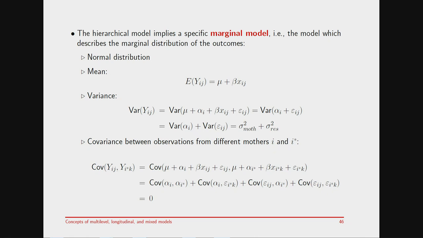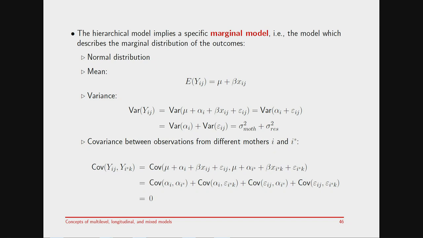The residuals are independent, so the covariance is 0. So take two animals with a different mother, and they will be independent. That's what you would expect. That's what I said before. My blood pressure is not related to your blood pressure because we have nothing in common, I believe.